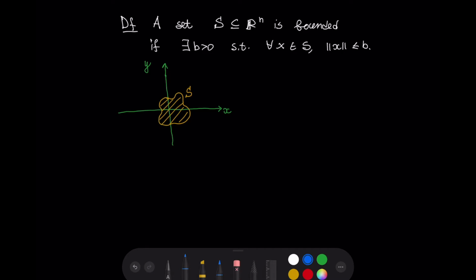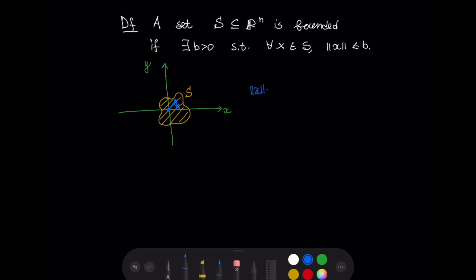If I take an element X in S, do you remember the geometric meaning of the norm of the element X from the previous video? In case you didn't watch the previous video, or in case you've forgotten, the norm of X is the distance from X to 0. So the length of this segment over here is the norm of X.